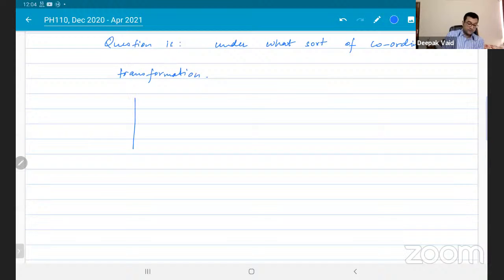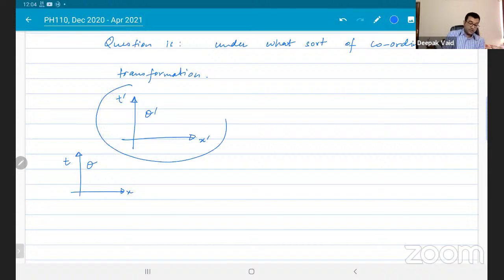That means I have some observer, x prime, t prime, and some observer x, t, let's say O and O prime, right? And what we are saying is that if this observer is moving with some speed, let's say v naught, then this is the Galilean transformation, right? So we are saying this transformation is not correct anymore.